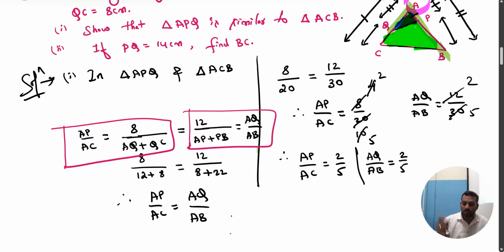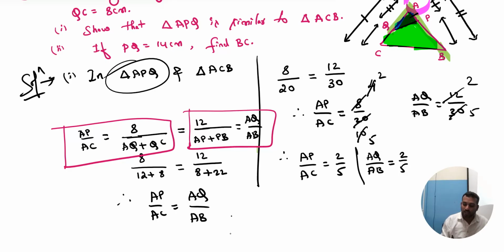If you want we can write here APQ. Am I right? So can I say here, angle what? Tell me first, angle what? Angle A is common, can I say angle A is common, yes or no?